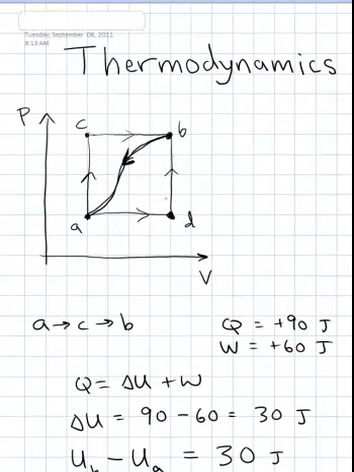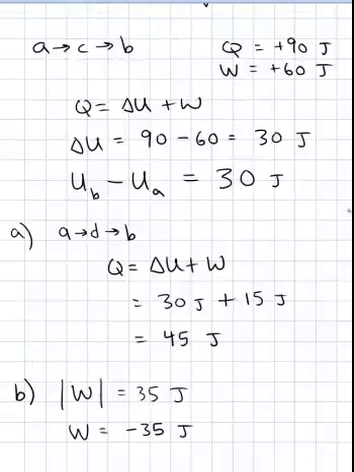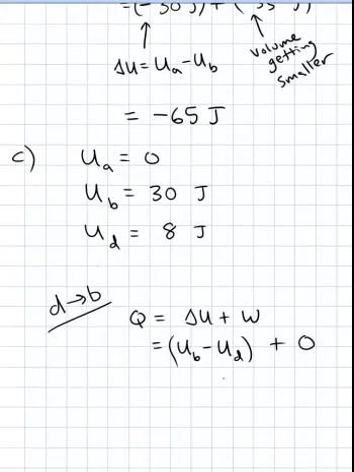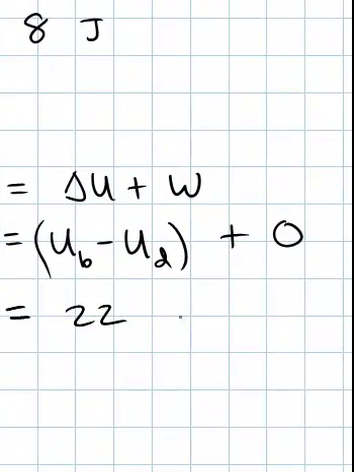From D to B, the volume never changes. So the work done on that path is 0. And so we end up with 22. 30 minus 8 is 22 joules. We have to put 22 joules of heat into our system going from D to B.